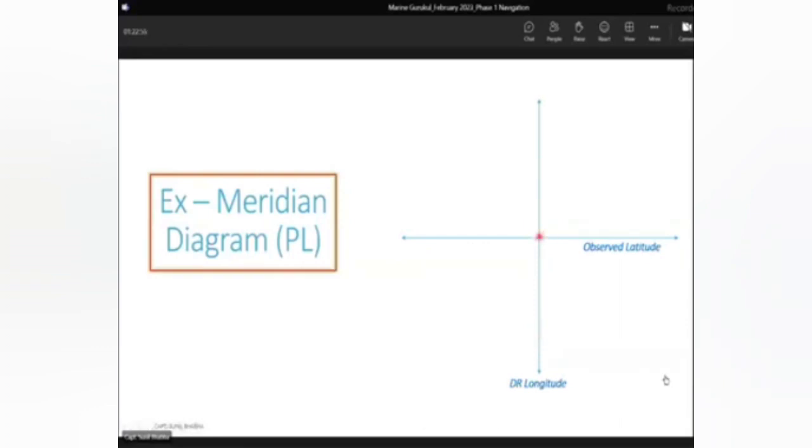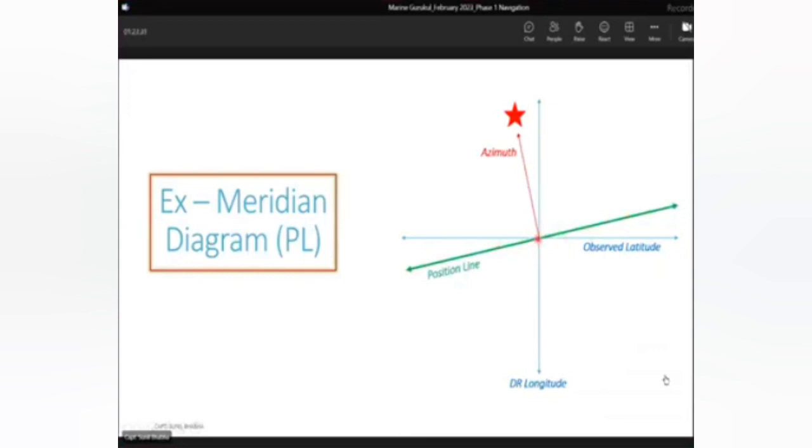This is the position from where the PL is going to pass. Now, after plotting these two, we plot the azimuth of the body. The body is close to the meridian, so let's assume our celestial body is here. The direction in which the body is represents the azimuth of the body, and perpendicular to the azimuth is going to be our PL. So the green color line with arrows on both the sides represents the position line or the LOP.